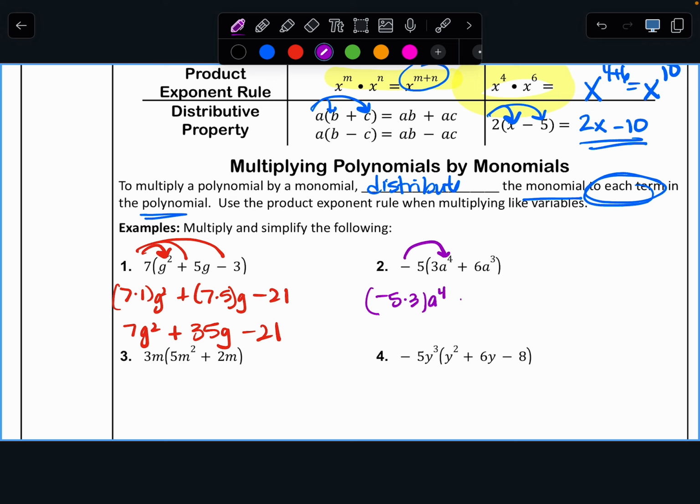So this first one is negative 5 times 3. And then I have negative 5 times positive 6. So that's negative 5 times 6, a cubed. So negative 5 times negative 3 is negative 15, a to the 4th, and actually I'm going to erase that plus because I have negative 30, a cubed.